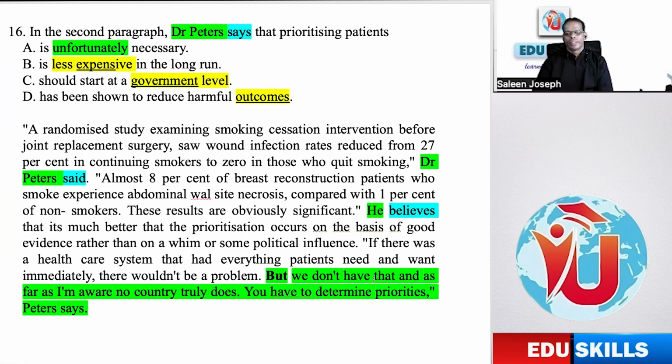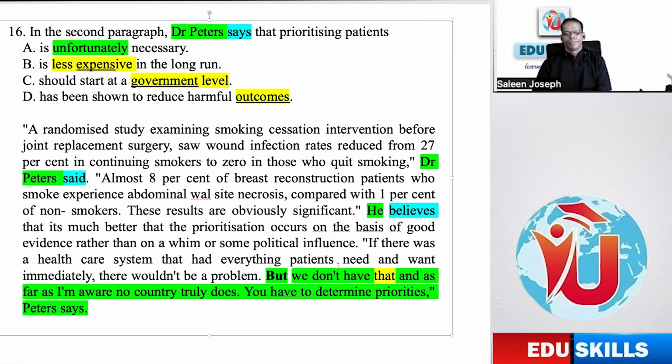"That" refers to a healthcare system that had everything patients need and want. And as far as I am aware, no country truly does. It means no country has a healthcare system that had everything patients need and want. Did you get it?